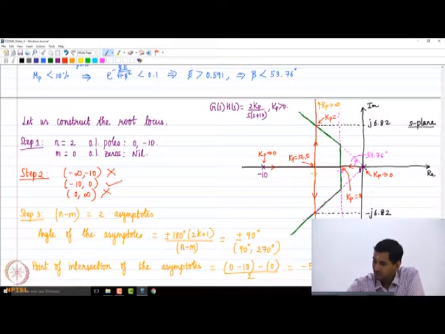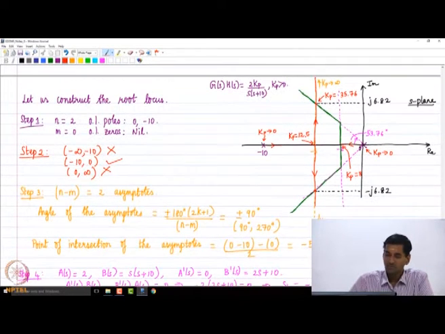If you do that, please check it. I got the answer as 35.76. So if you substitute it in that closed loop characteristic equation, 35.76.